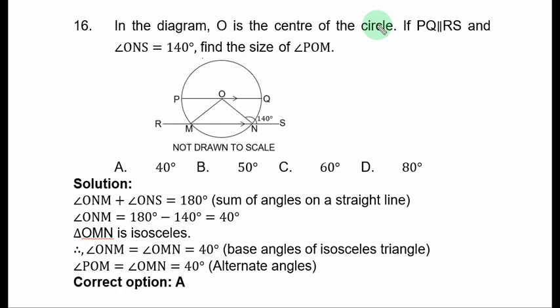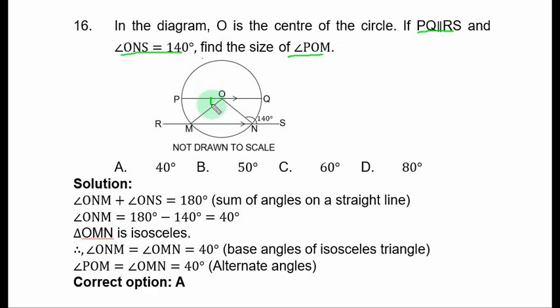Question 16. In the diagram, O is the center of the circle. If PQ is parallel to ROS and angle ONS is equal to 140 degrees, find the size of angle POM. That is this angle.